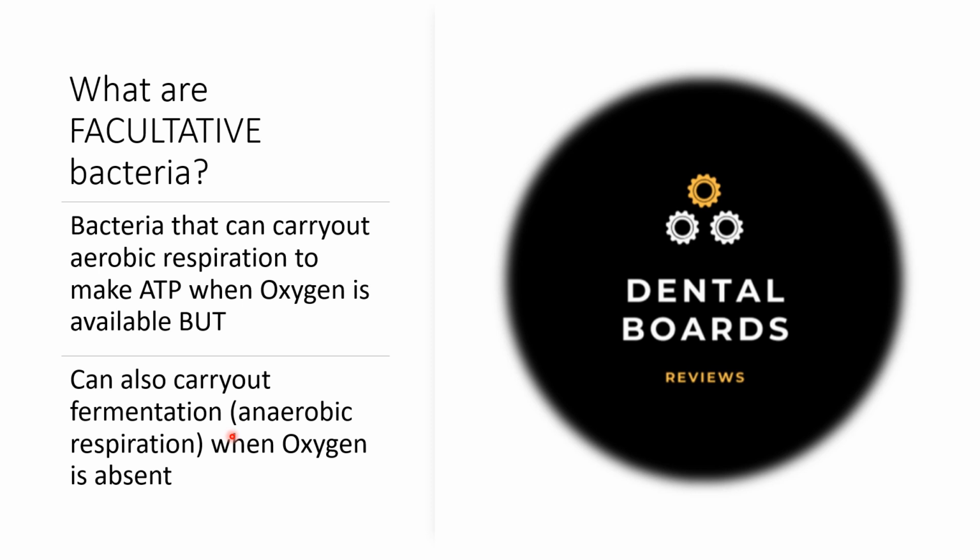It forms lactic acid, or it can also form alcohol, as in fungi, like yeast. So in the lack of oxygen, facultative bacteria can still live by carrying out fermentation. You have to know the types of bacteria.